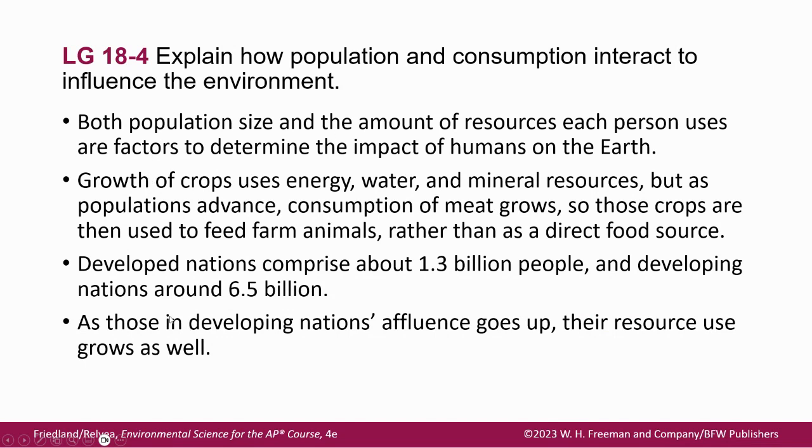If you think about a trophic pyramid, meat is kind of the second or third trophic level, and we tend to eat more meat as our society grows, which is an interesting thought process because we know that as we go up the trophic pyramid, we only keep about 10% of the energy each time.